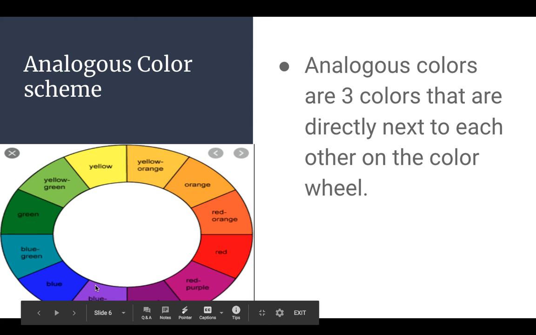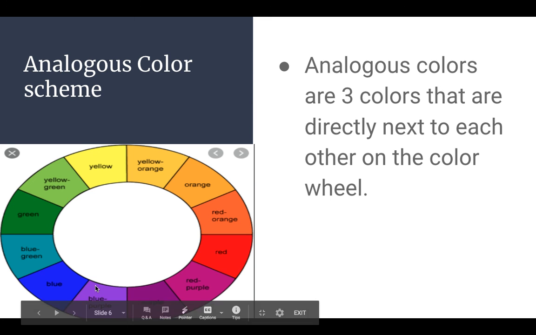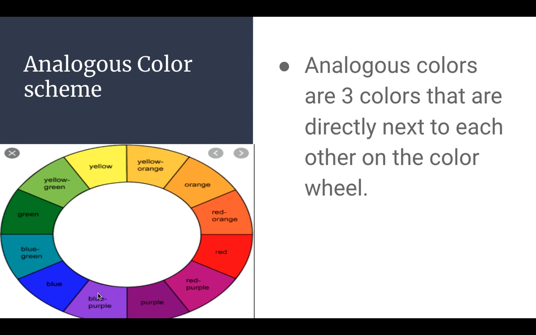These are examples of analogous colors, but you can also look at blue green, blue, and blue purple, right? That's another set of analogous colors. So analogous colors are just three colors that are directly next to each other on the color wheel. I feel like you guys are doing a good job at understanding analogous colors so far.